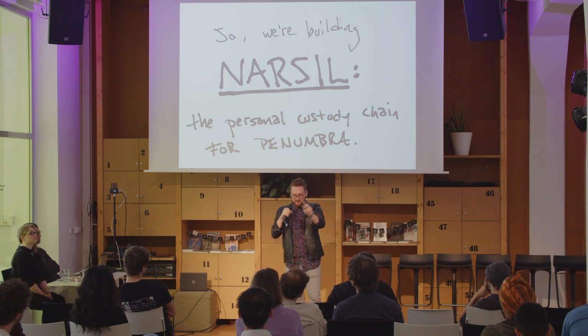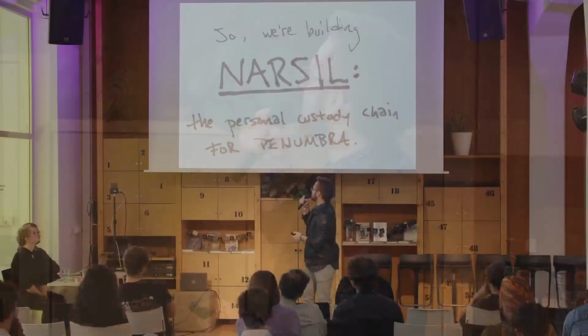It signs the transaction and gives you back the signed transaction for you to then submit to Penumbra. And that means that everything that you do on Penumbra using the key that's distributed across your Narsal cluster is itself tracked by the Narsal blockchain.